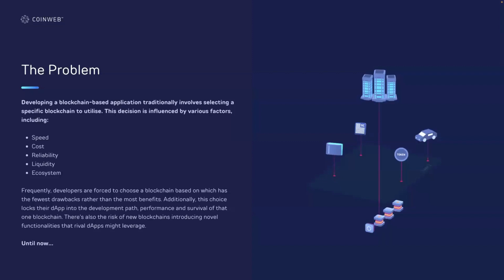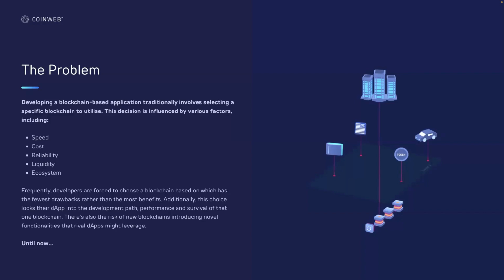What we see is that when you develop a blockchain-based application, you traditionally have to choose one blockchain. And when you pick a blockchain, you're normally influenced by different factors. This may be the speed of the blockchain, the cost, the reliability, liquidity, or even the ecosystem, both dApps as well as community.